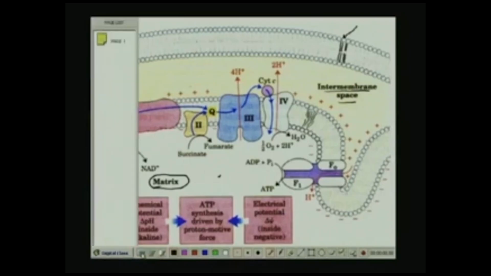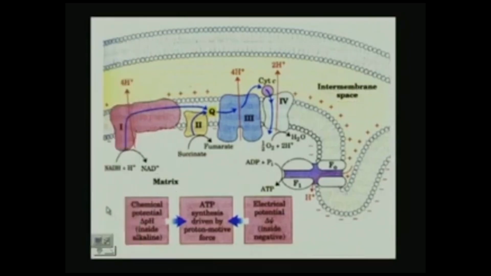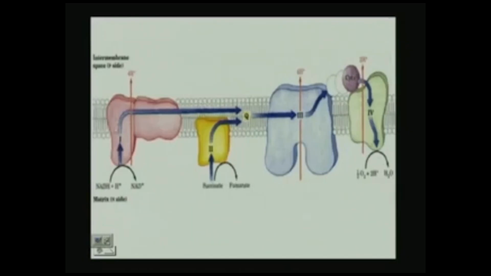So, let us go back to our slides. Okay. So, this is basically a pictorial representation without all the paraphernalia of the intermembrane space or the whole mitochondria. So, we have complex 1, complex 2, complex 3, complex 4. Now, complex 2 actually is not always mentioned because it does not involve proton transfer.